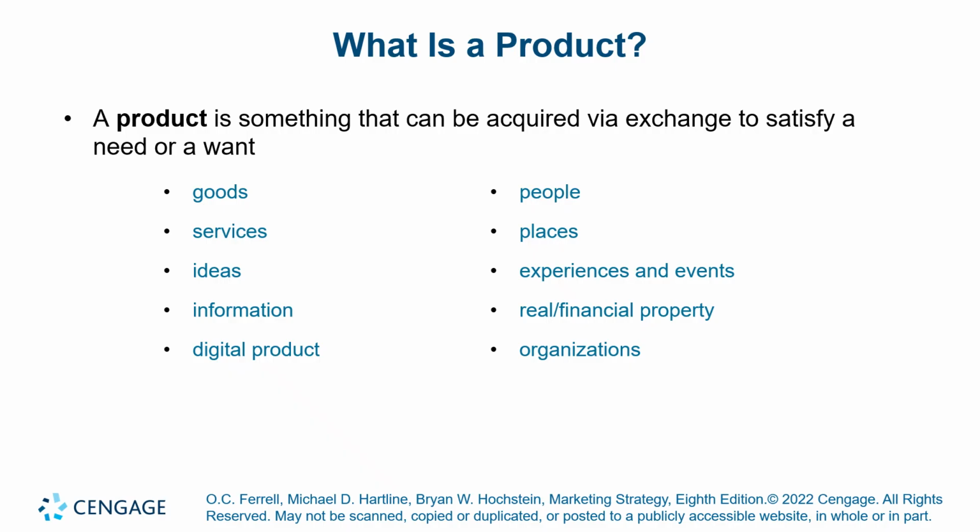Places where exchange can take place. You can sell experiences and events like theme parks. You can sell real property, houses. You can sell financial properties, also a product. And organizations: you buy and sell a company, that's a product.